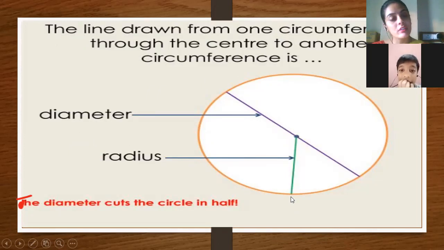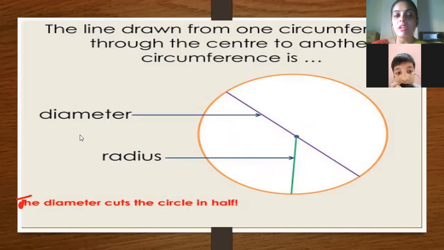But if you draw a line from one circumference to the other circumference, that is called a diameter. Clear? Circumference, radius, diameter.